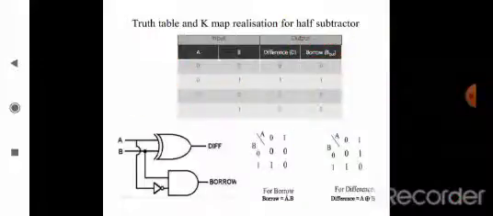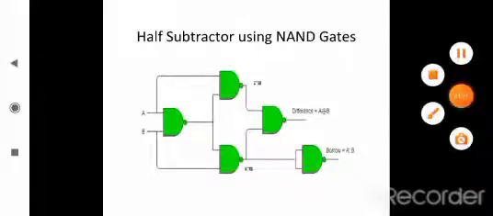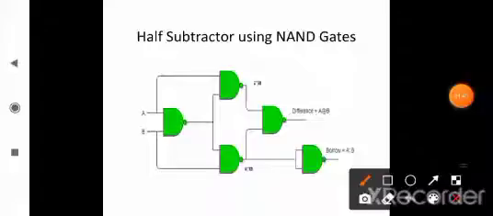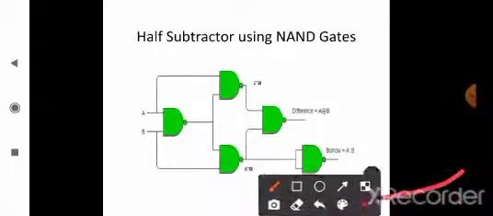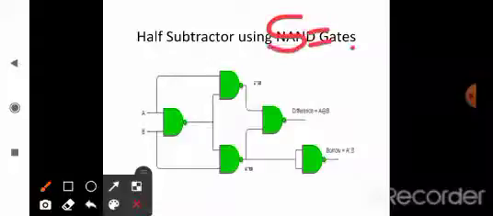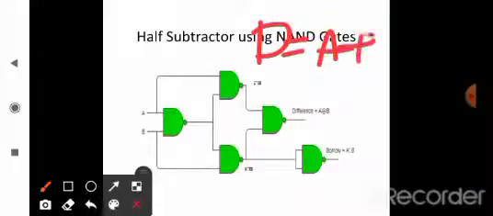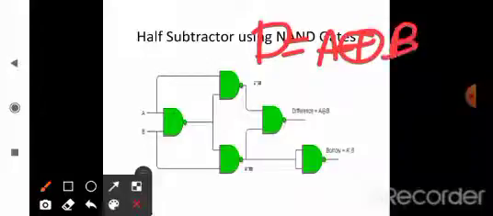This is that circuit, and here we have the realization of the sum. Sorry, not sum, we have the difference equal to A XOR B, which is similar to your sum.